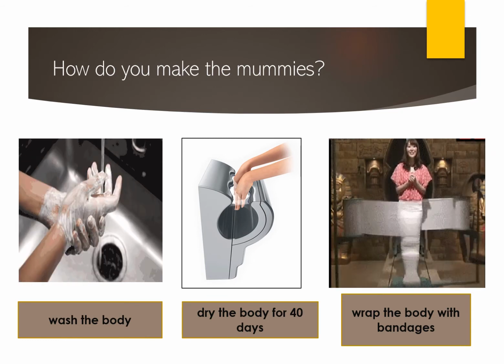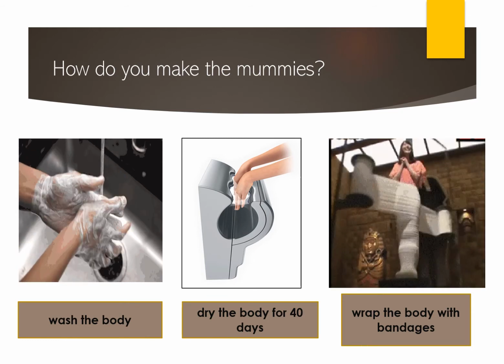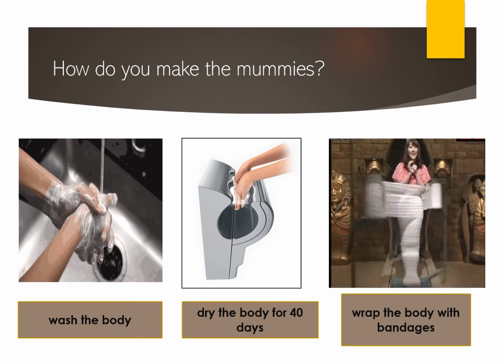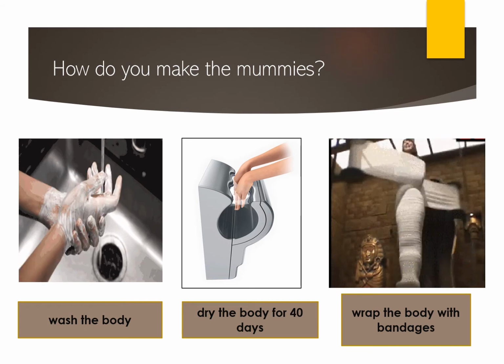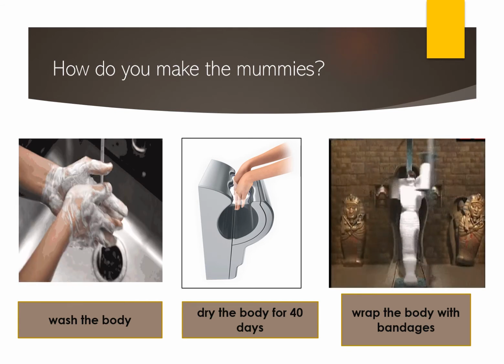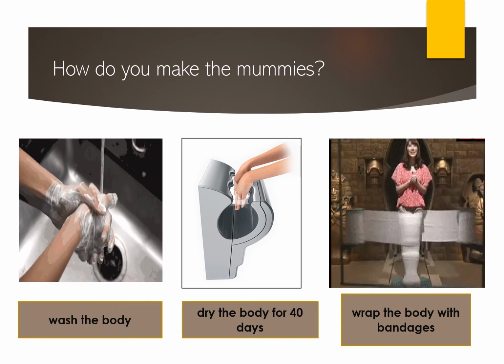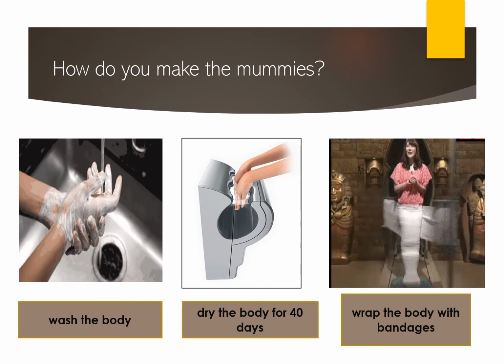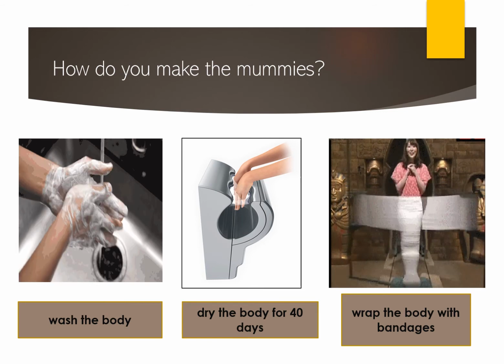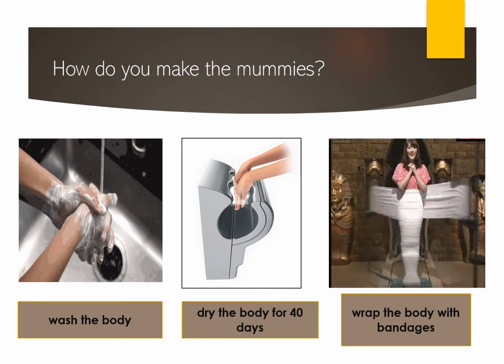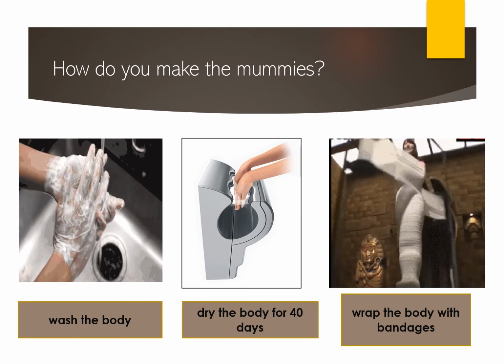They even draw or paint a face on the mummy's coffin. Once the body is washed, dried, and bandaged and put into a box, which is called a coffin, they draw the king's face on it. They put the mummies in a very special place. Let's look at what the special place is.